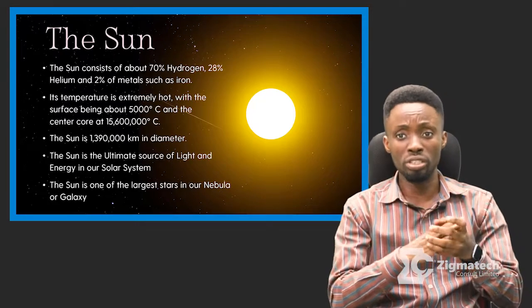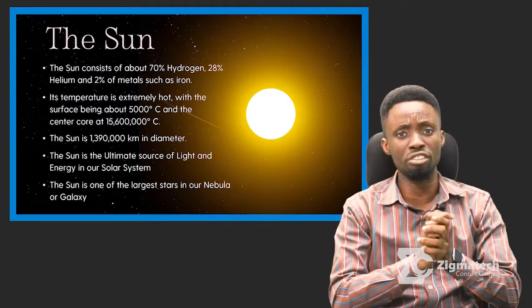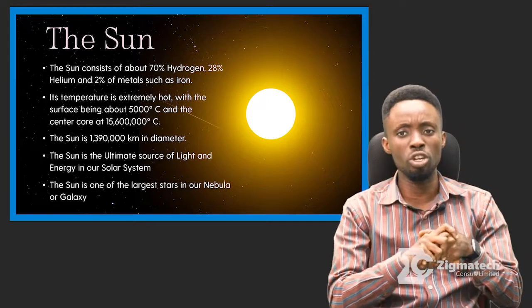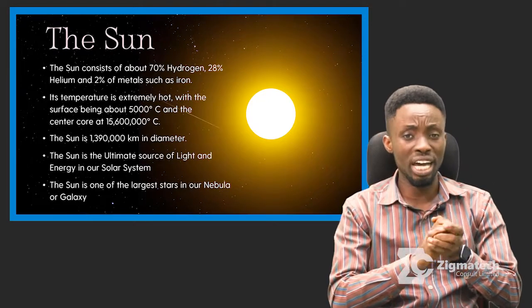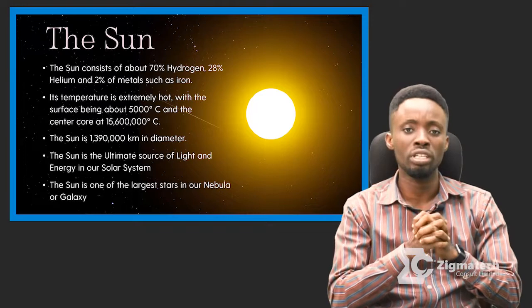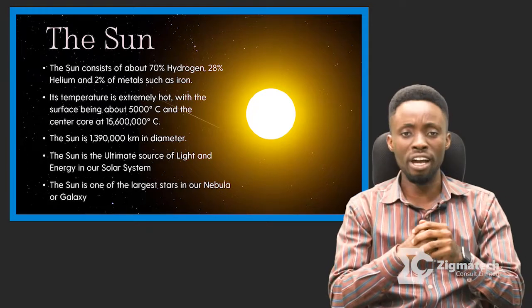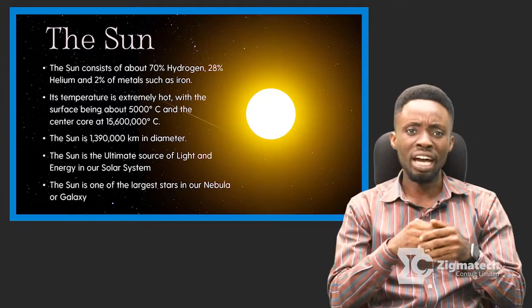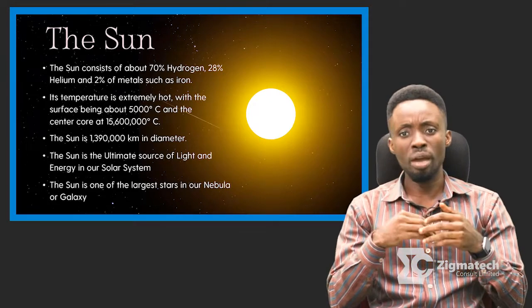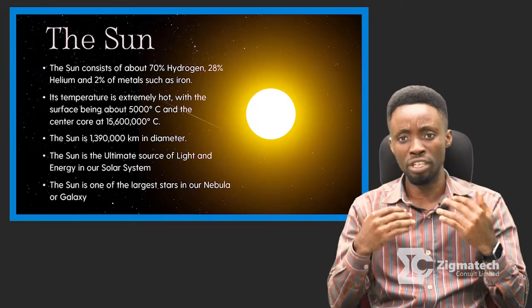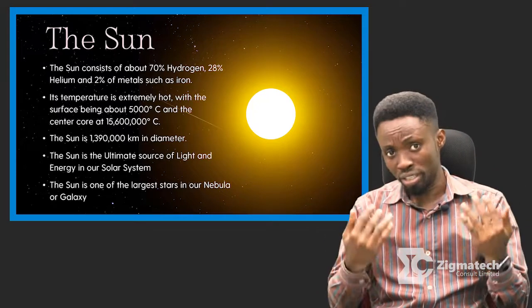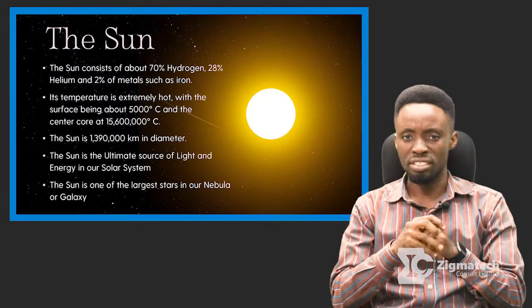So the sun contains about 70% hydrogen, 28% helium, and 2% metals. And the surface of the sun is over 5,000 degrees. And at the core of the sun, the temperature gets to 15.6 million degrees Celsius.